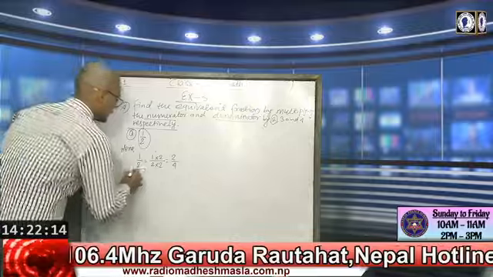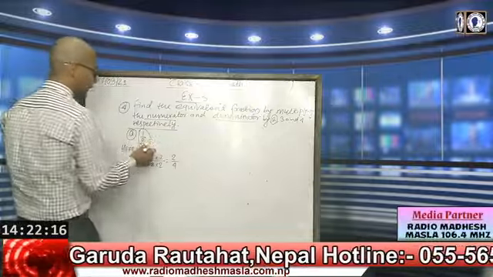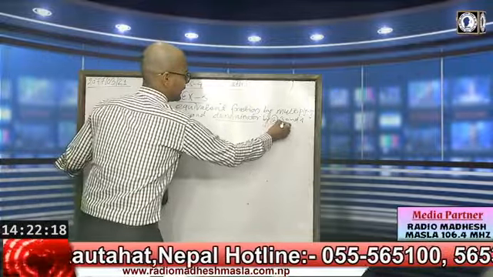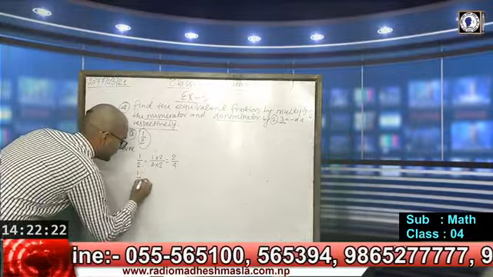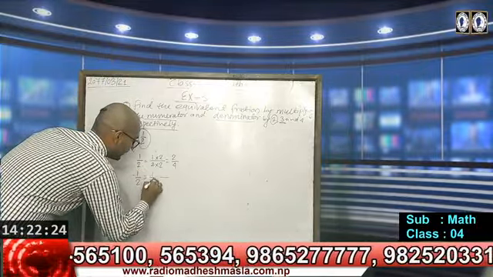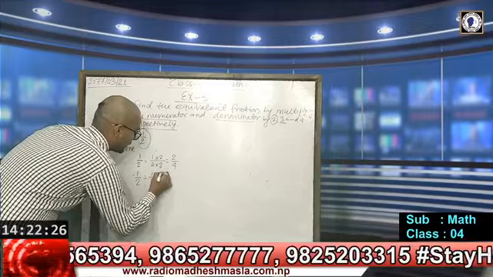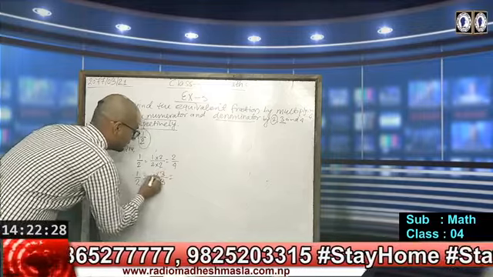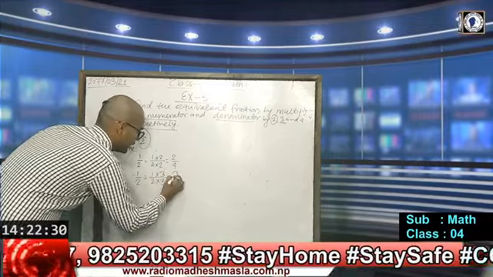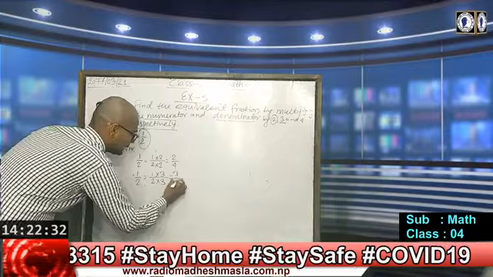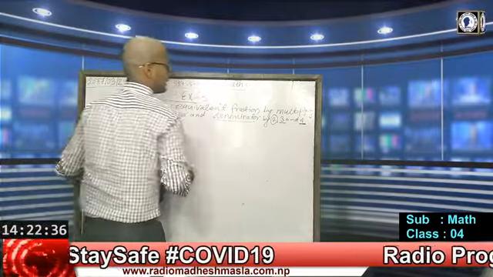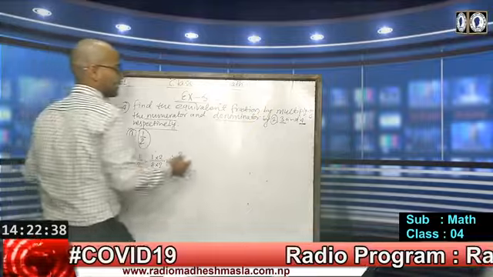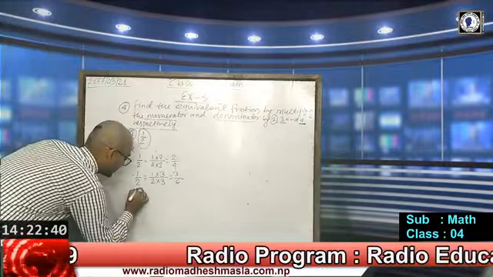In the same way, suppose again we need to multiply the same fraction by 3. So 1 by 2 is multiplied by 3. Then we will get 1 times 3 is 3 and 2 times 3 is 6. The same way, we need to multiply the fraction by 4 to find the third equivalent fraction.